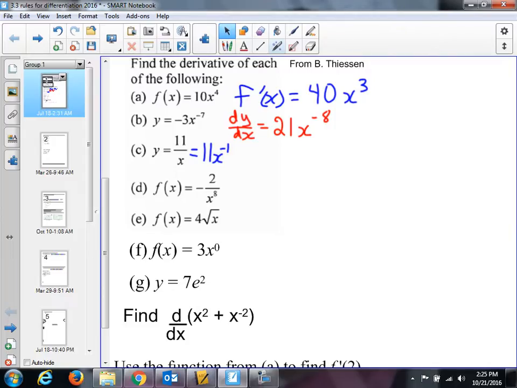Okay. Once you have that, you can apply this rule, right? So dy by dx equals negative 11, x to the negative 2. Try that for d.